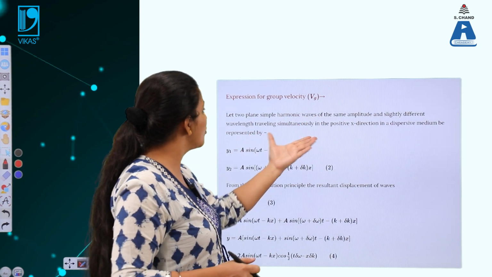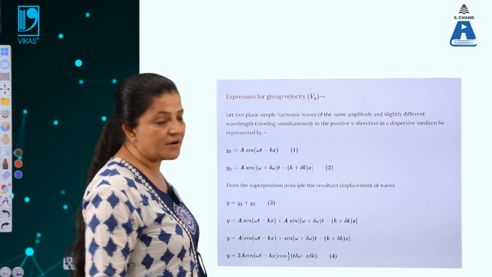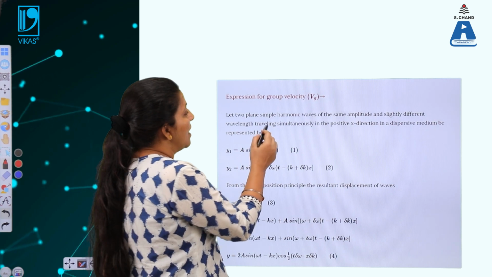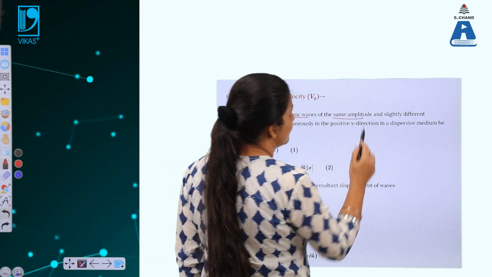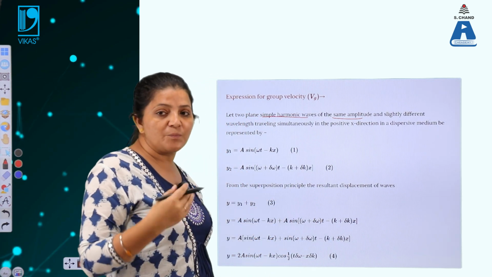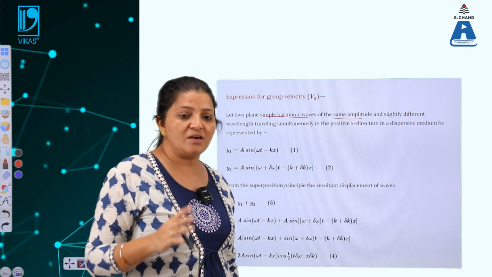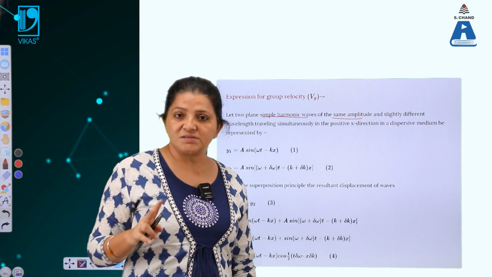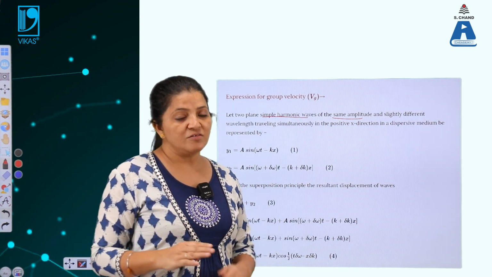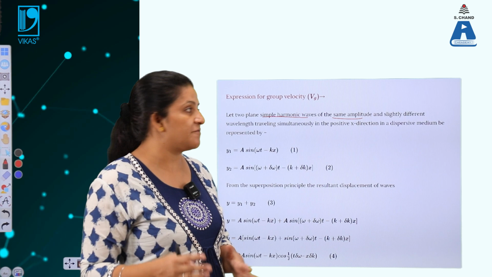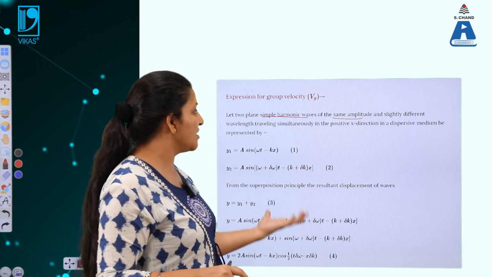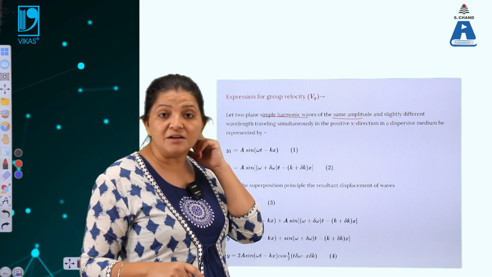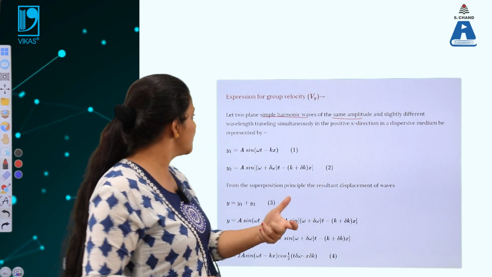Now, the expression for the group velocity can be calculated as follows. Let us consider a simple harmonic oscillator, and in order to derive this in a simple way, we consider only two waves. They travel with the same amplitude and slightly different wavelength, or you can say a slight difference in phase.